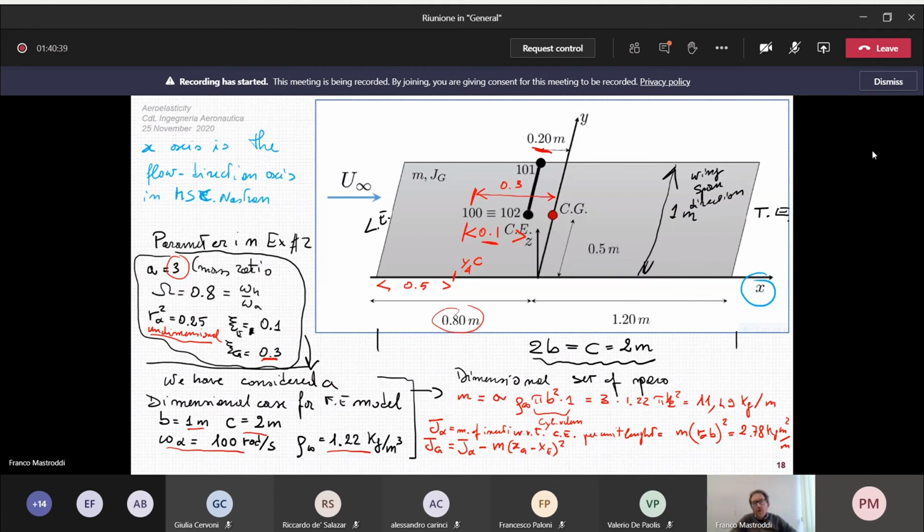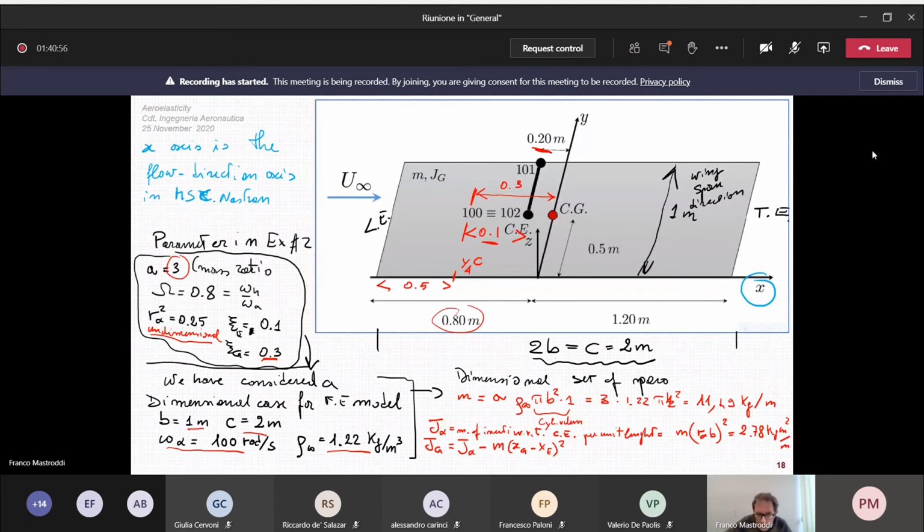So we have a physical distribution of our characteristic points which is compliant with the nondimensional quantities used in exercise number 2.